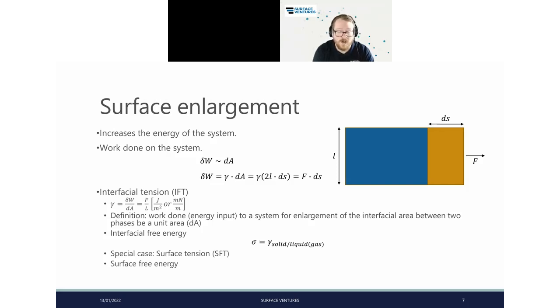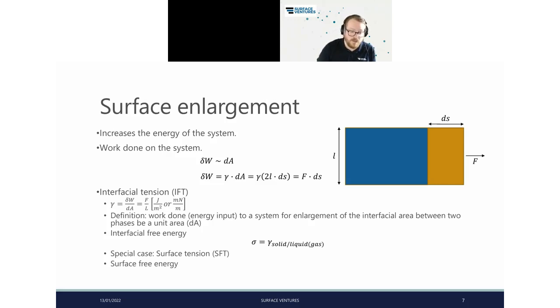So it is the work done, or energy inputted into a system, for the enlargement of the interface between two phases for a specific unit. And that gives us our interfacial free energy. Sigma is our surface energy, but we use this gamma symbol specifically between two interfaces, between a solid and a liquid, or a solid and a gas.